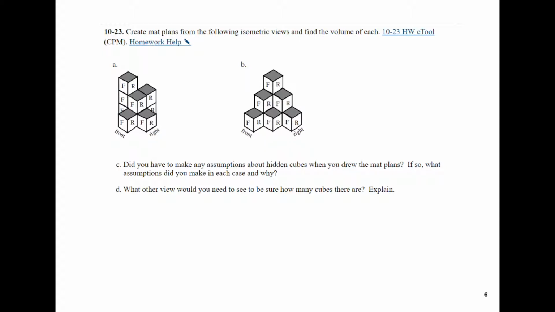10-23: Create a map plan for the following isometric views and find the volume of each. If we are talking about the front right of figure A, there is nothing in this front corner.